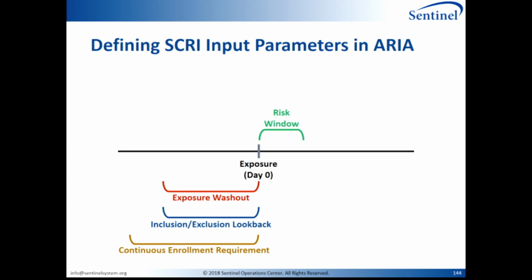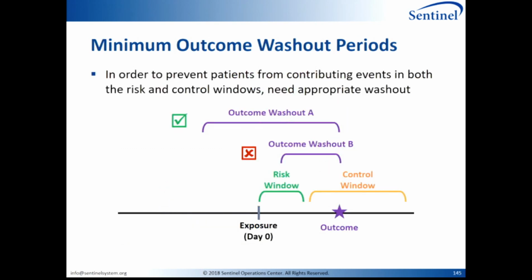Likewise, we need to define a risk window relative to exposure and a control window relative to exposure. And we also need to define an outcome washout period. And I've talked about before the fact that we can't allow people to contribute outcome events to multiple risk windows. And so the next discussion is about minimum outcome washout periods.